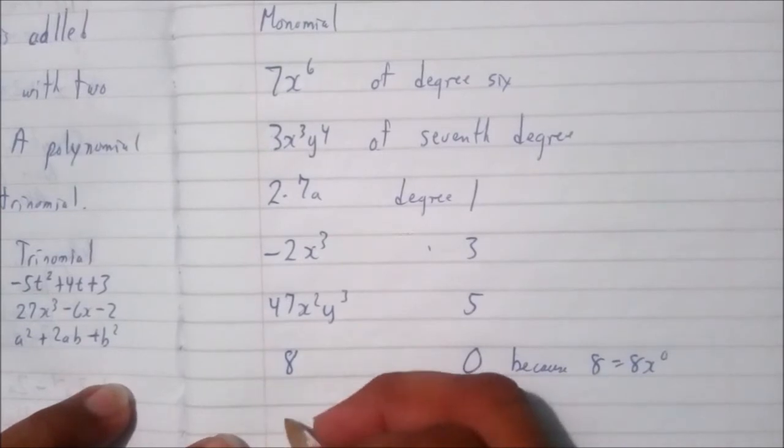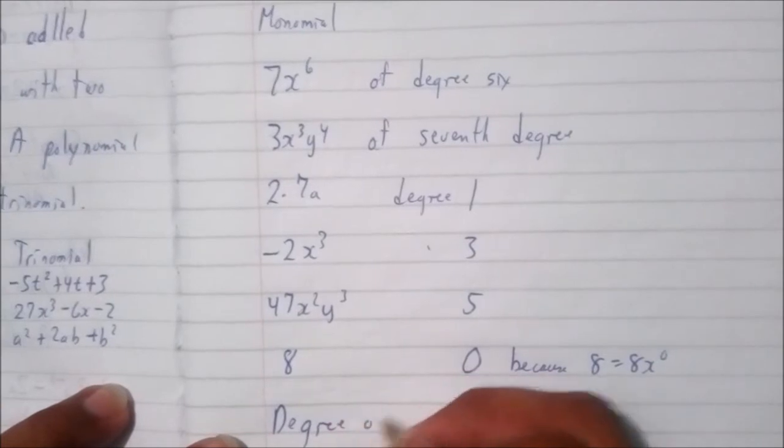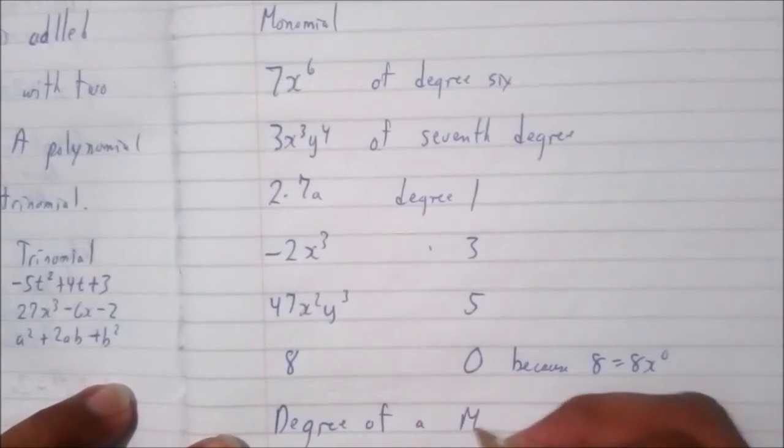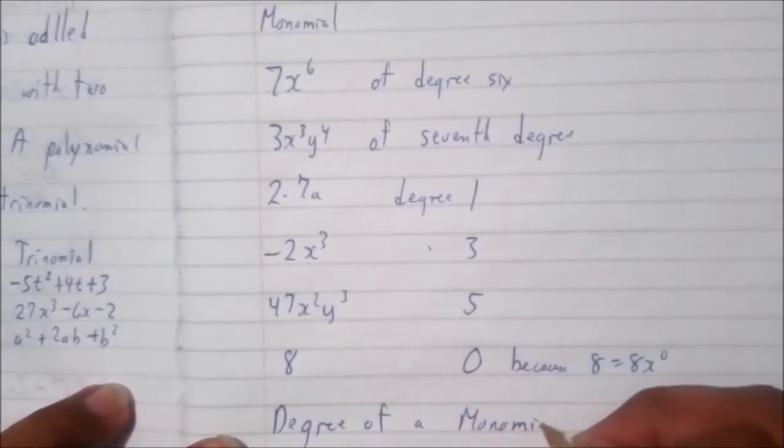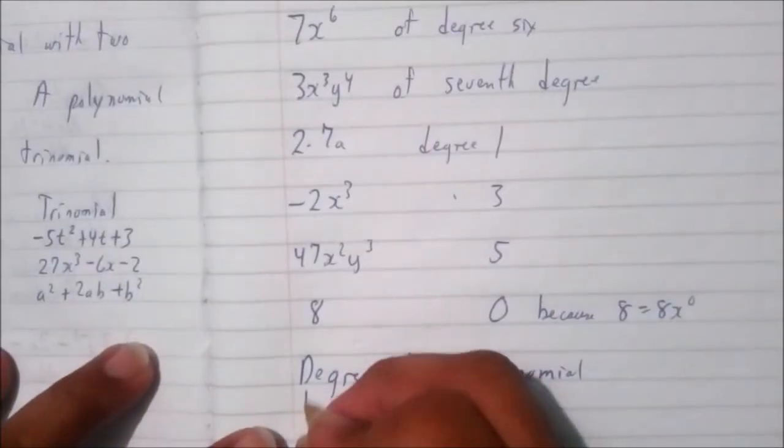so the degree of a monomial goes as follows.